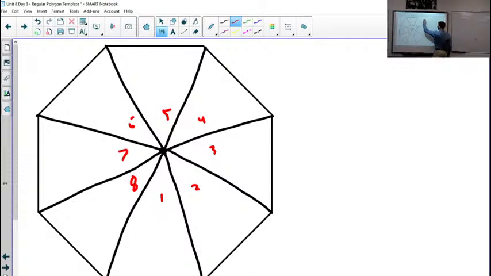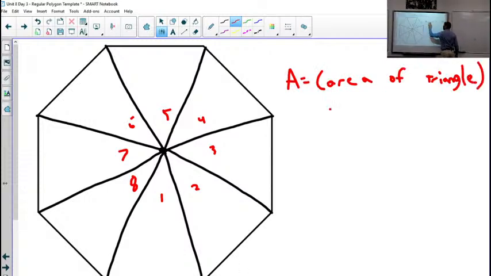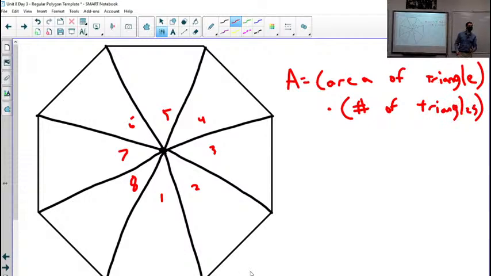So my area formula is going to consist of the area of the triangle times how many triangles there are. So let's talk about the pieces of that formula.